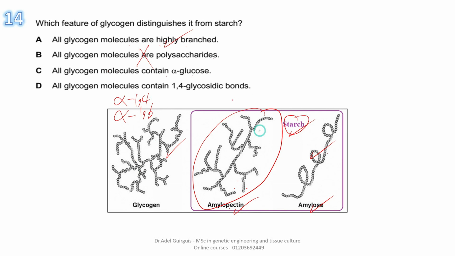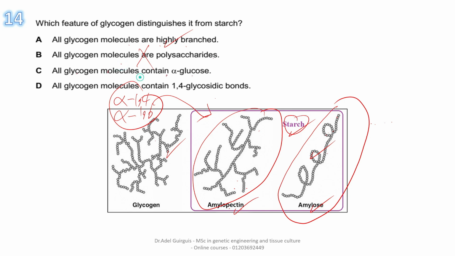The same applies to amylopectin. While amylose is a polysaccharide, yes, it has a helical shape but without branching, with all the units joined by alpha 1,4 glycosidic bonds. So this is wrong also.